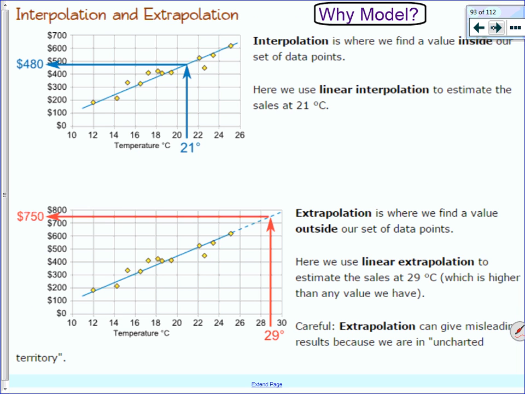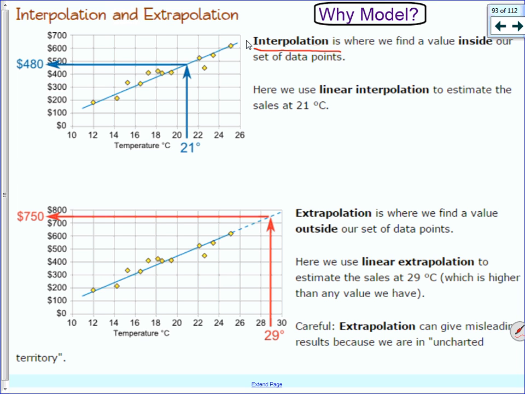Okay. So there are two things you can do with a linear model. A linear model is either an equation or a straight line which represents the data. You can do what's called interpolation. Interpolation means to go in between the points.